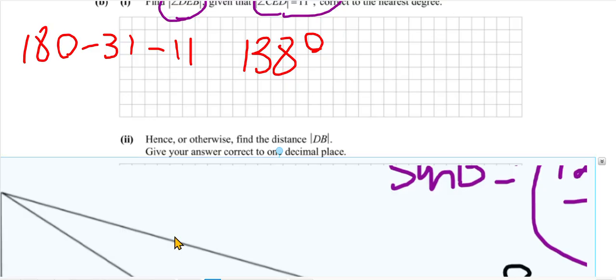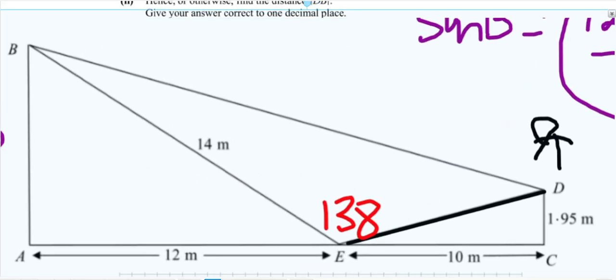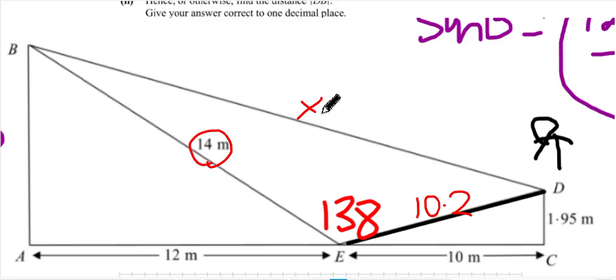Now, first thing I'm going to ask you is, I think it belongs to this big triangle up here. That's 10.2. That's 14, and D to B is X. The first question I'm going to ask you is, is it a length or angle question? Length or angle, lads? D to B is a length question.